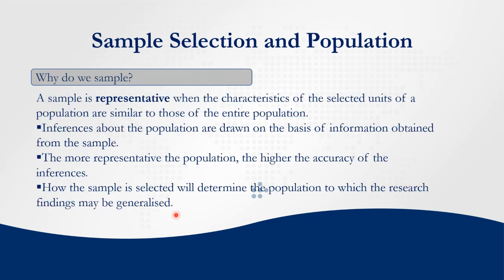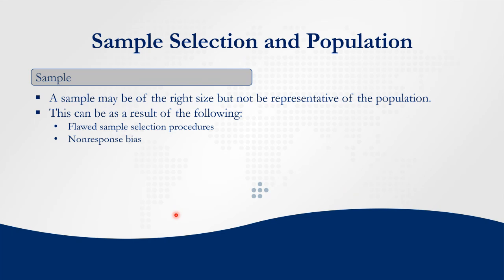So we want to make inferences based on what we collect from the sample. The more representative the sample is of the population, the better the accuracy of our inferences. One other thing, I think I'm concluding here, sometimes you get the right size.